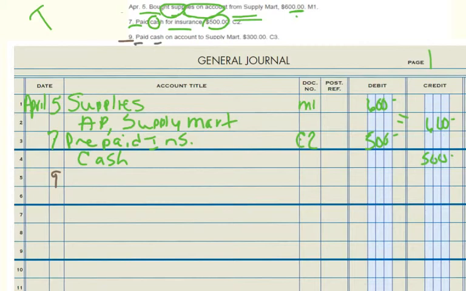Again, we paid cash. Now we paid cash on account to Supply Mart for $300. So I'm going to give you a couple seconds to do that. And then I will write it. And I want you to say what I'm going to say in your head or out loud.